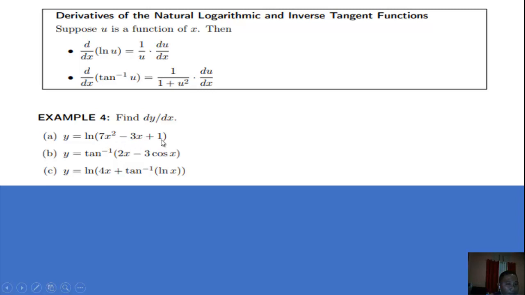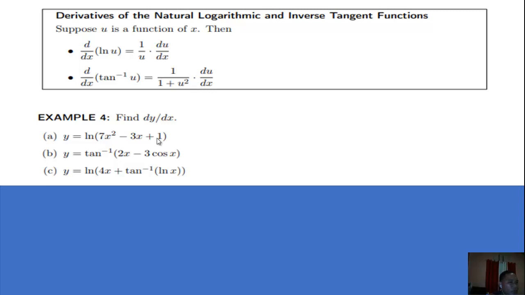Alam natin na pag ln, it means 1 over yung laman. So, ang derivative nito ay 1 over 7x squared minus 3x plus 1 times, kasi according sa chain rule, ubusin natin yung derivative pa nito. The derivative of this is 14x minus 3. So, the derivative of ln of 7x squared minus 3x plus 1 is 14x minus 3 all over 7x squared minus 3x plus 1. Yun po siya.